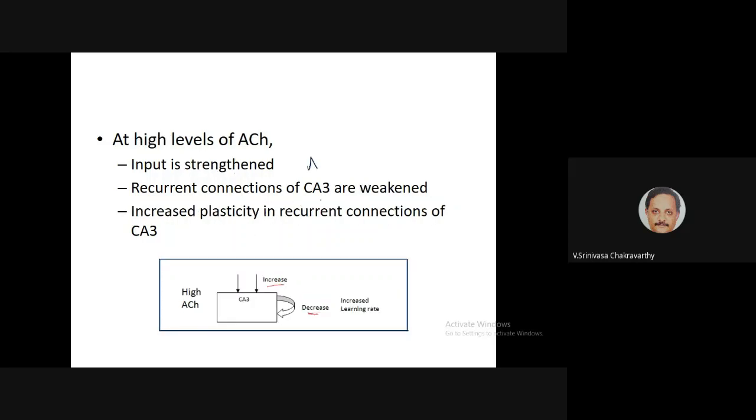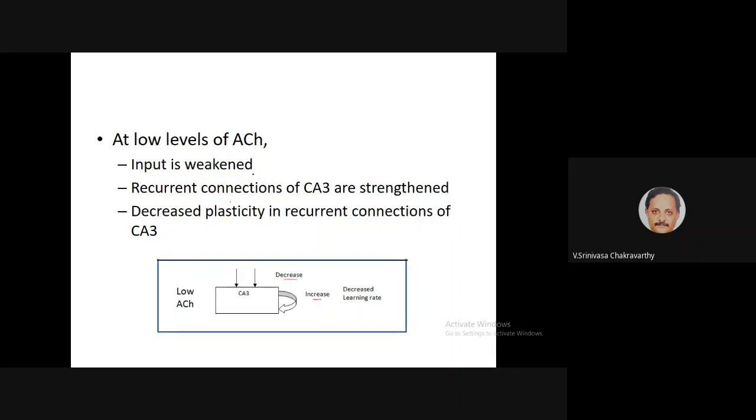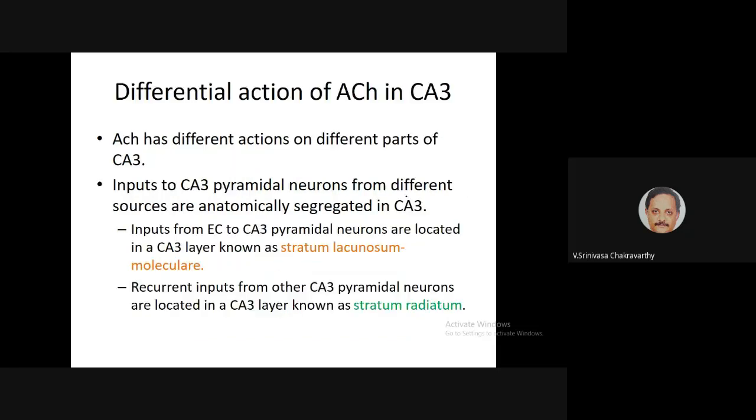So if you make an analogy with those equations, A is high, B is low, and C is high. Here, A is low, B is high, and C is low. So exactly what we want. The shift between these two modes seems to be controlled by acetylcholine release into CA3.